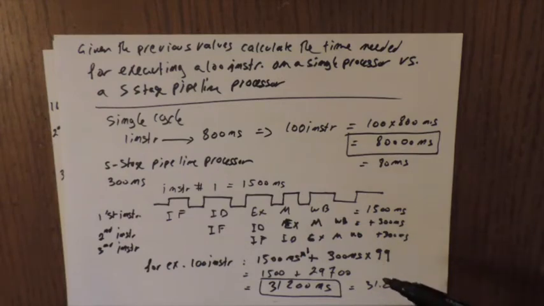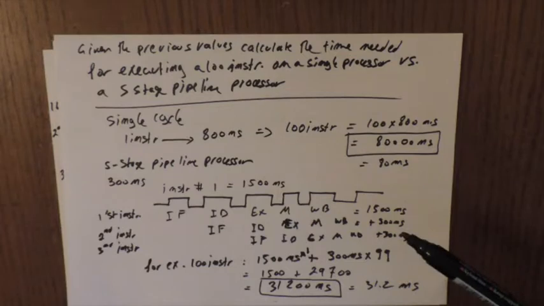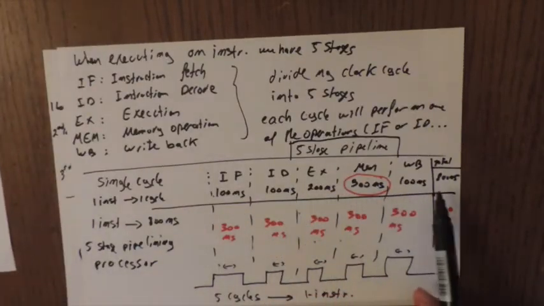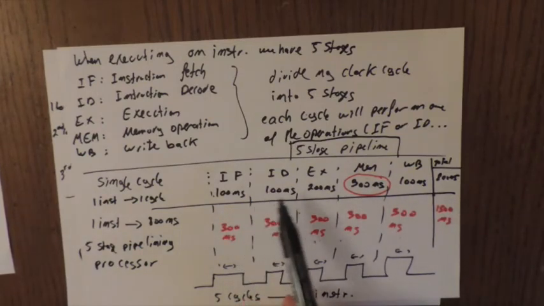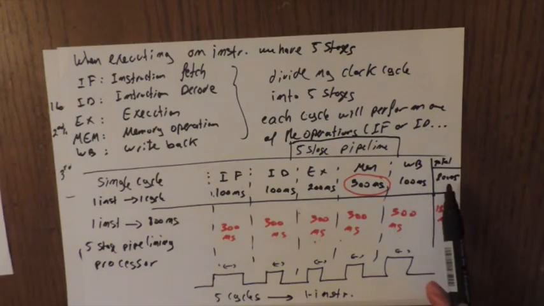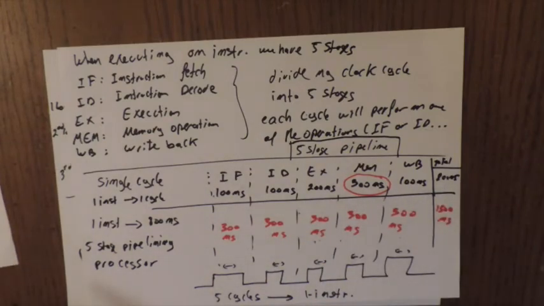In theory, a 5-stage pipeline should have a 5-fold increase when it comes to performance. That means it should be 5 times faster. However, since here we didn't use uniform values for all of the stages, this is why we see this discrepancy.